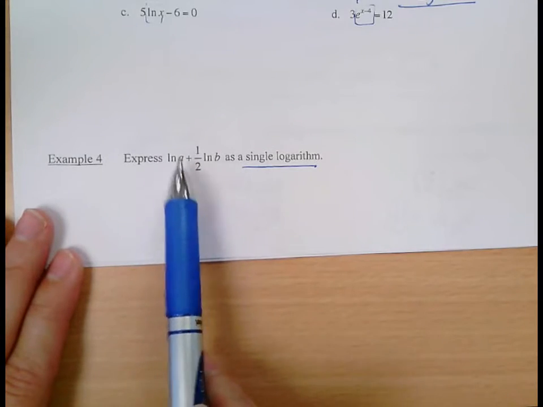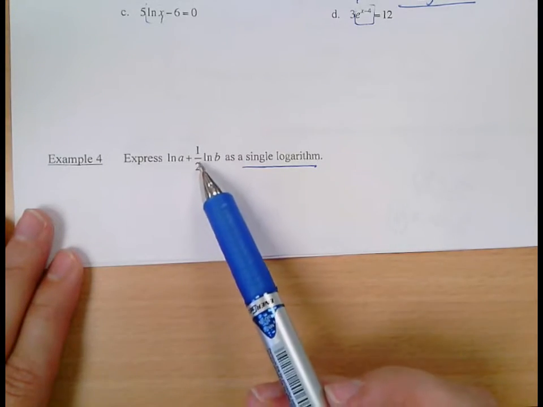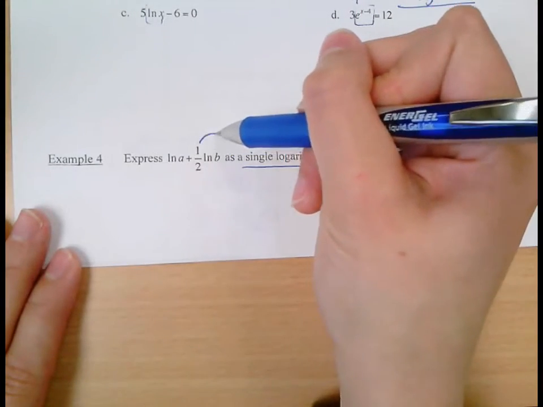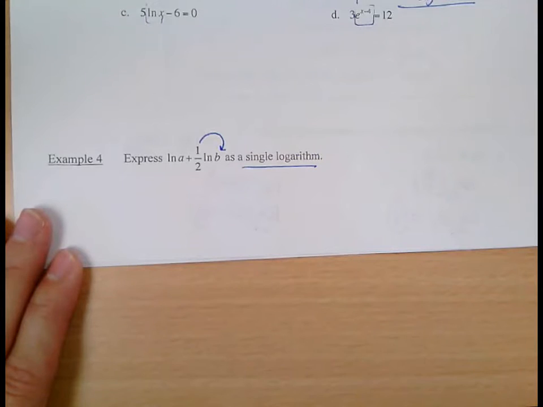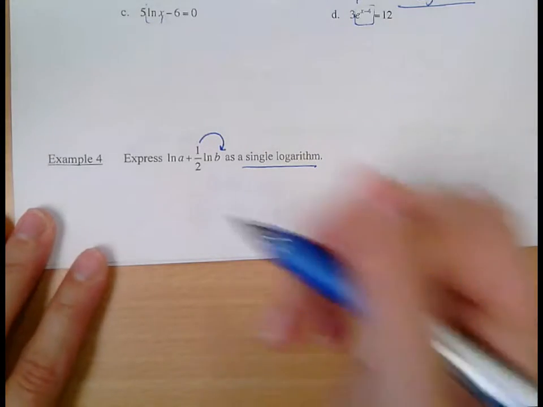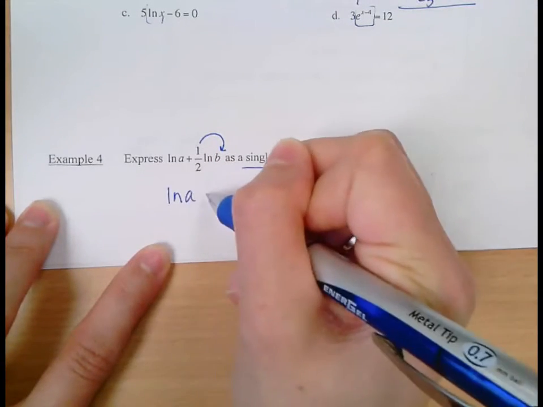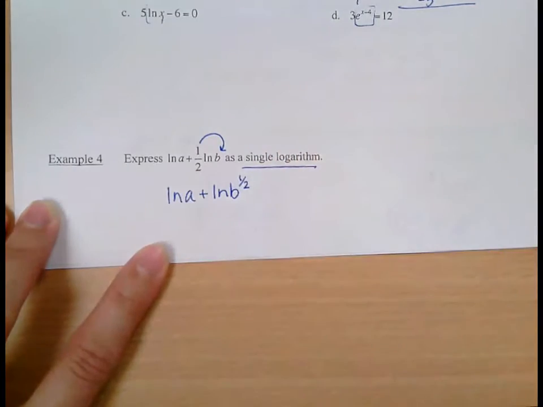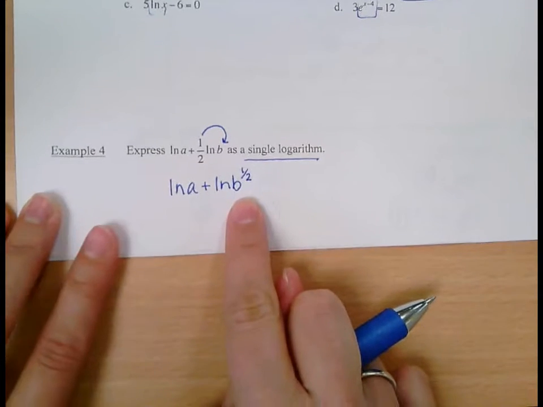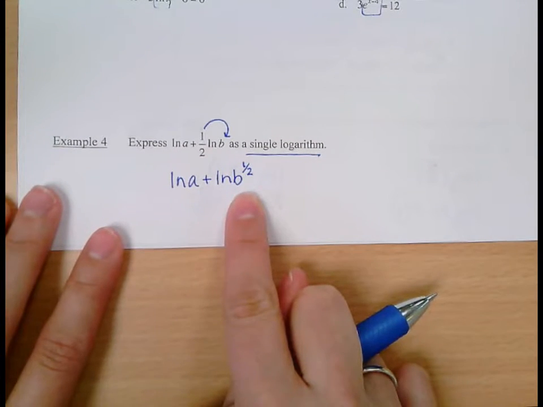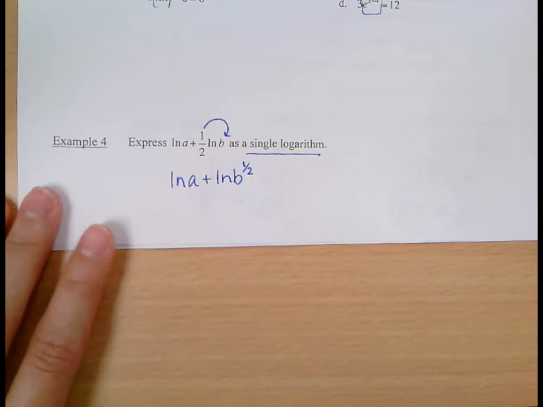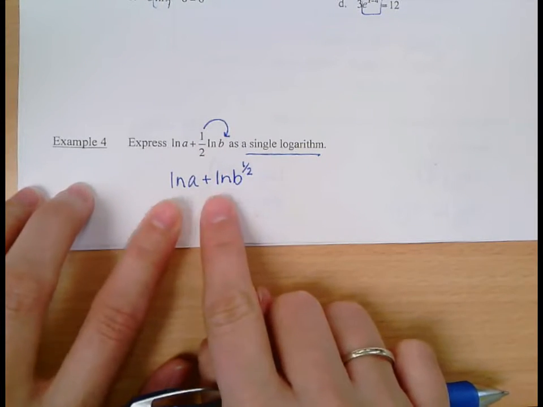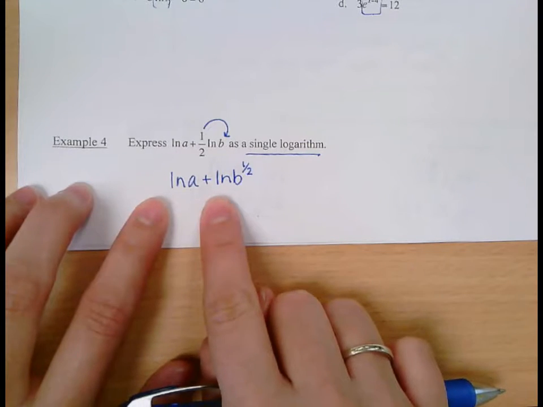So first of all, because I have this 1/2 in front, I would have to bring that up as the exponent on the B. So I would have natural log of A plus natural log of B to the 1/2 power. Or how else could you write B to the 1/2? The square root of B would also work. And then once you have the two natural logs now added together, neither one of them has a coefficient in front.